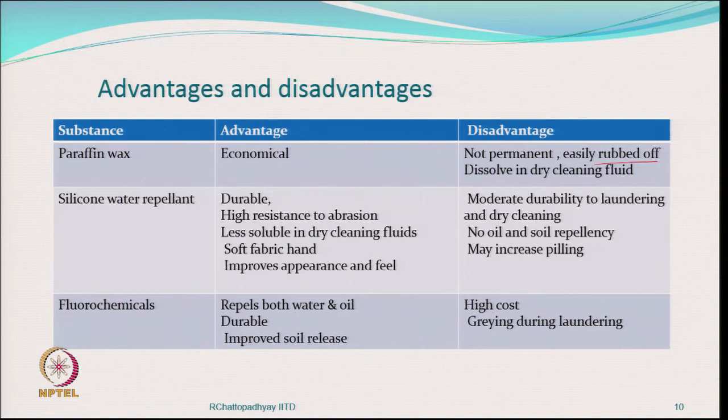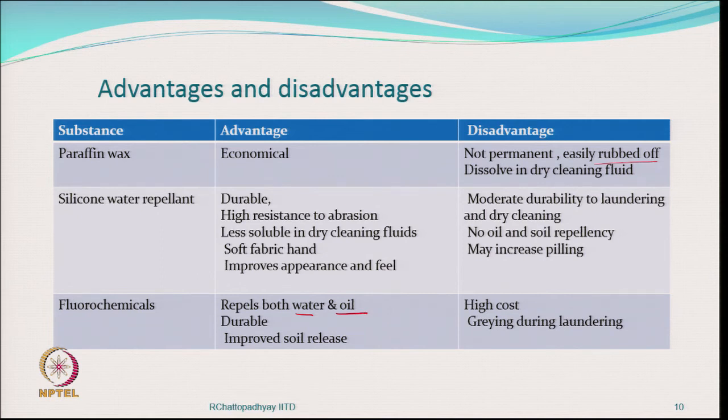Fluorochemicals are also used for water repellent type of fabrics. On top of it, they also make the fabric resistant to some amount of oils and other types of stains. So, fluorochemicals repel water and oil both.